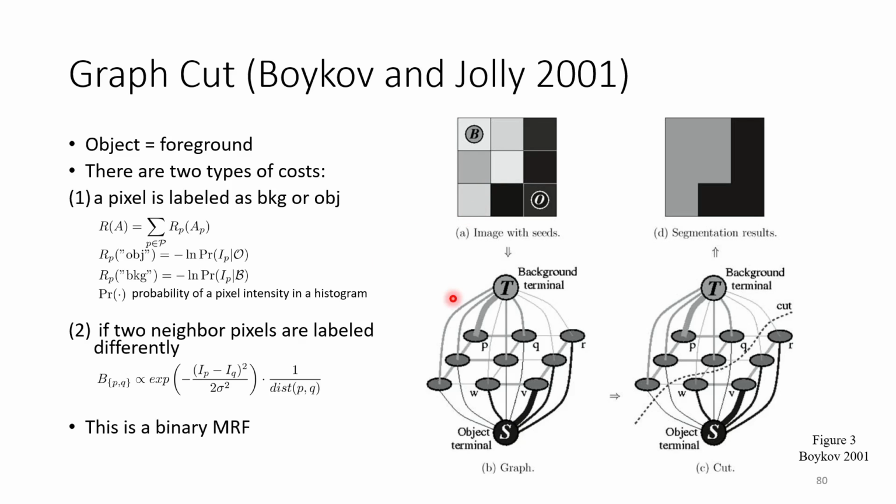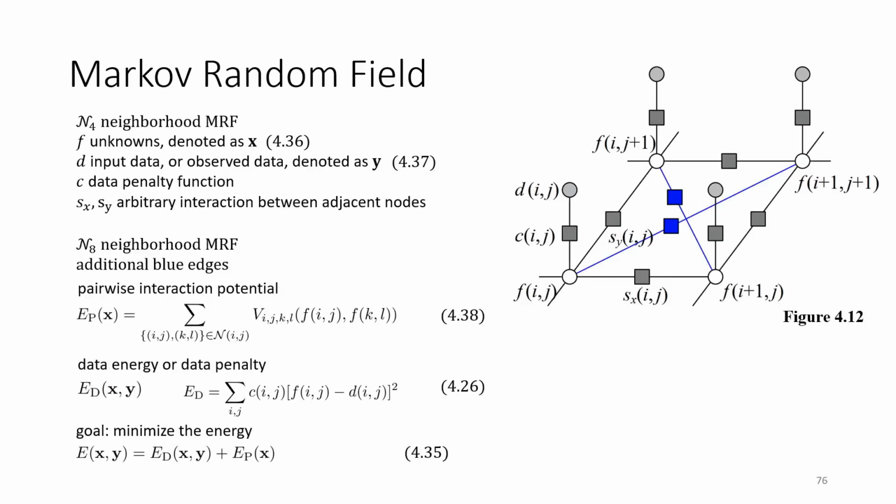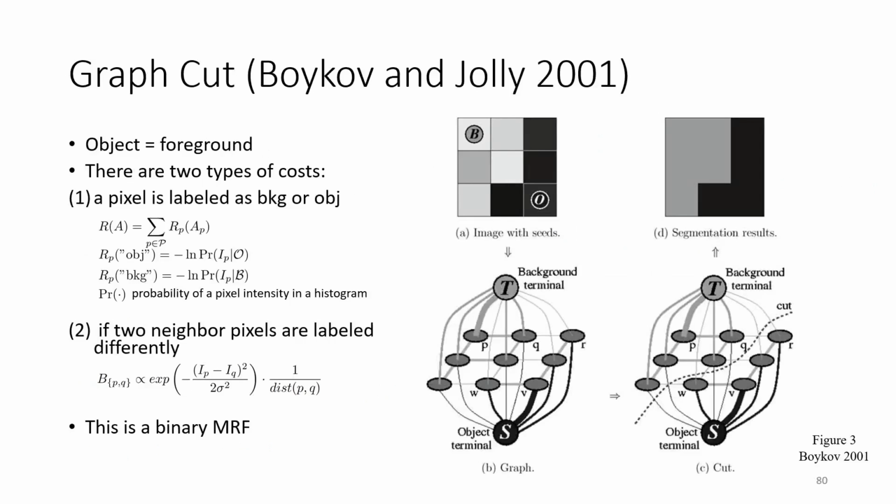Okay, and another is the pixel label. Let's go back to the Markov random field. For every variable, you have some observed value and a latent variable you want to solve. And in this model, the variable you want to know is the label.